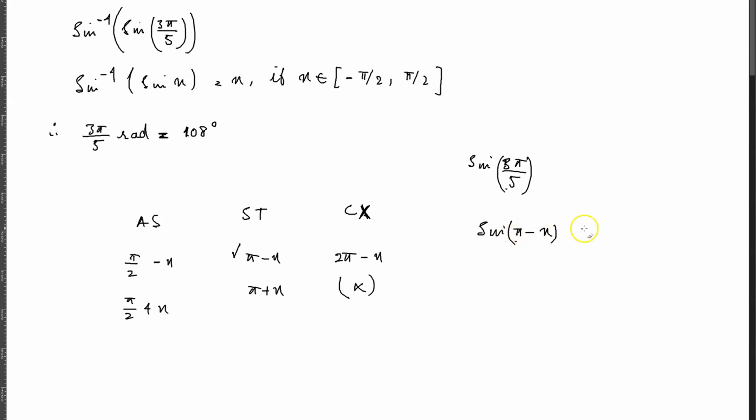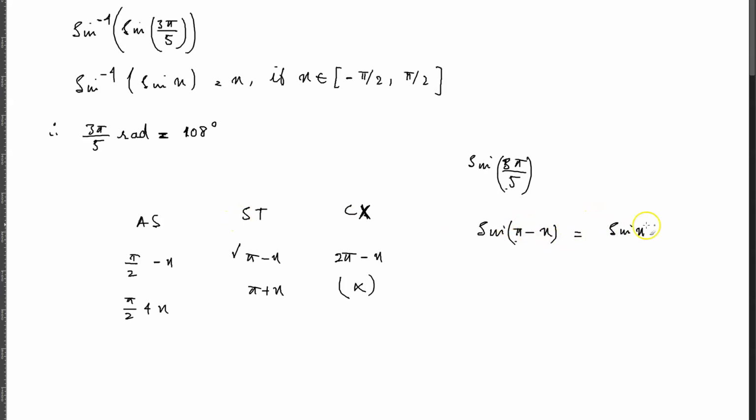Since basically I have a pi over here, of course there is no trigonometric ratio change. So I'm going to get the sine of x, and about the angle, only in the case of sine there is no algebraic sign change.